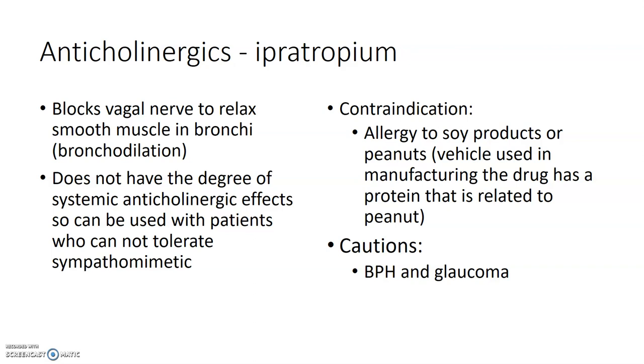A contraindication for this drug is an allergy to soy products or peanuts because the vehicle used in manufacturing the drug has a protein that is related to peanuts. You should also use this drug with caution with patients with BPH and glaucoma because of the anticholinergic effects.